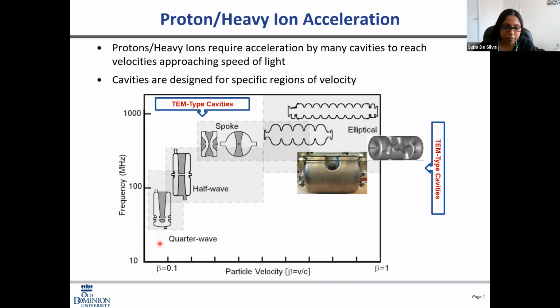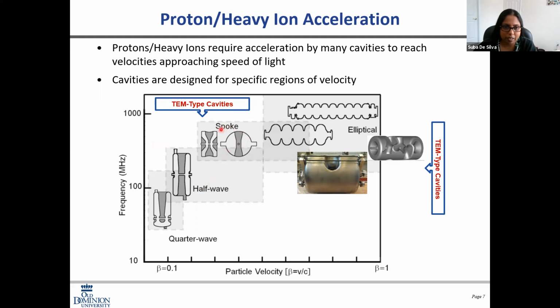For very small beta, the preferable cavity shape is a quarter wave cavity, and they operate at much lower frequency, most of them at 100 megahertz or below. And then for the next region of beta, from 0.1 up to even 0.5, you can use half wave cavities, and they are around 100 to maybe 300 megahertz, in that range of frequency.